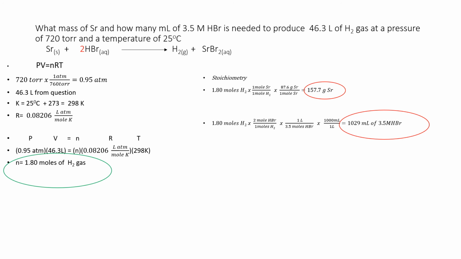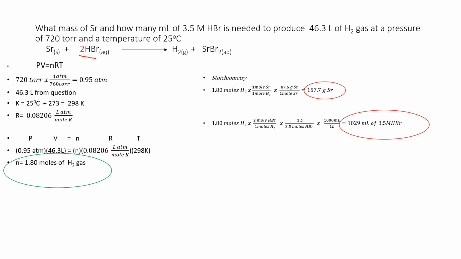And they gave us the equation here, but one thing we want to pay special attention to is make sure it's balanced. Remember, they may not give you a balanced equation. It's your responsibility to make sure that that's balanced. Kind of highlighted in red the 2 here as the coefficient in front of the HBr. That's really important to make sure that things are appropriately balanced for this.